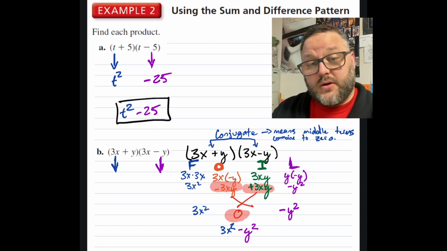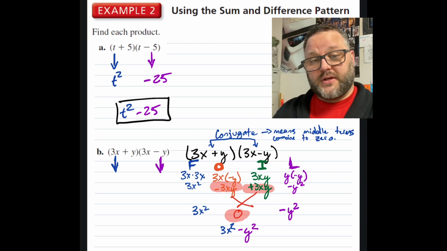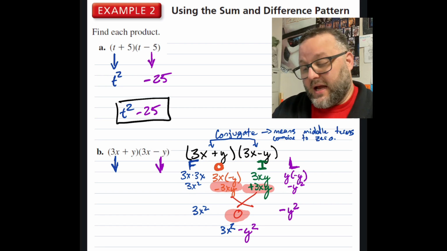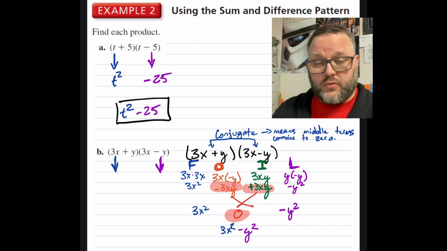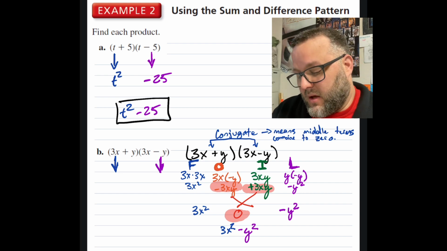And because we took the time to look at the terms first and notice they had opposite operations but were the same first term and second term, we can actually just square the first term and multiply the second term, remembering the positives and negatives, and then have our answer.